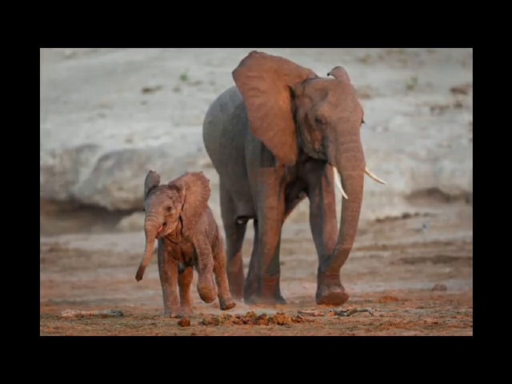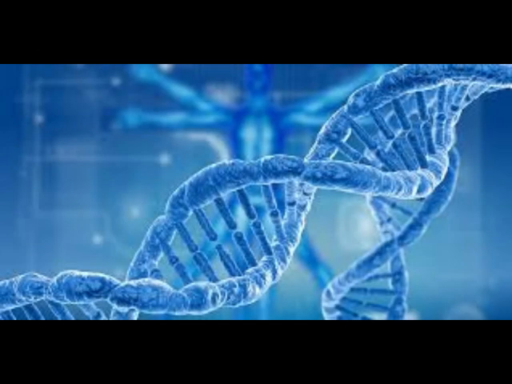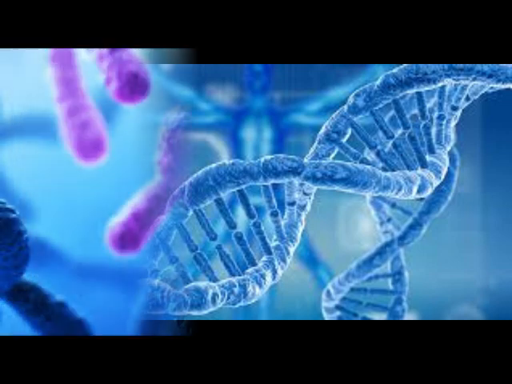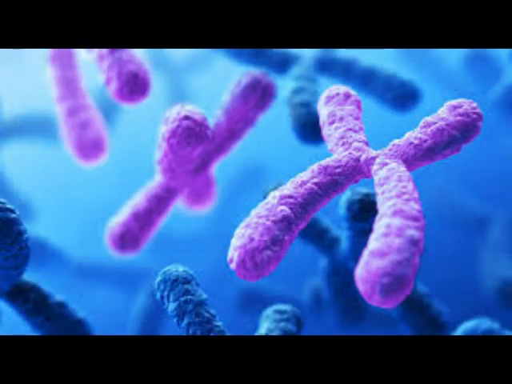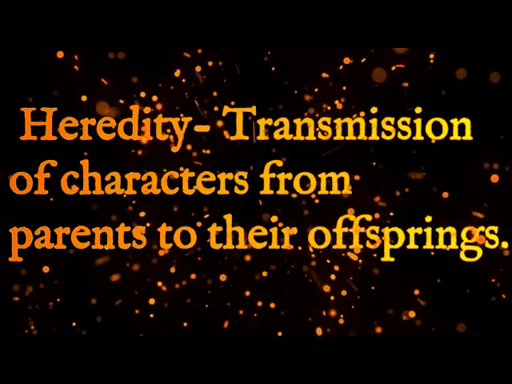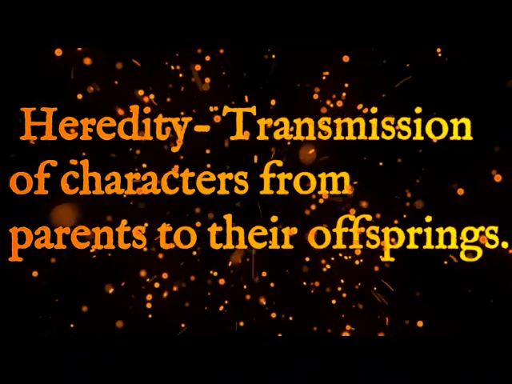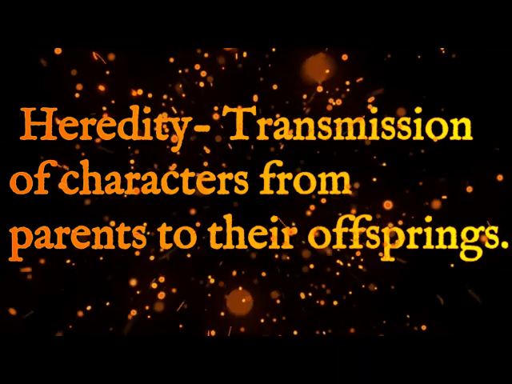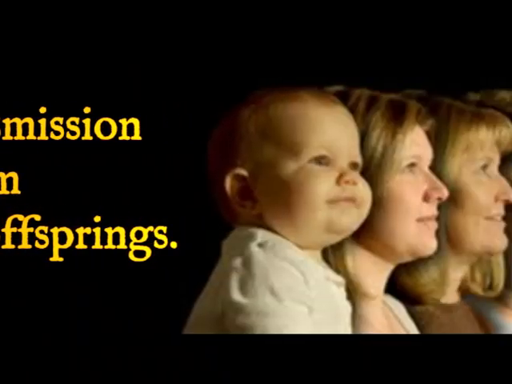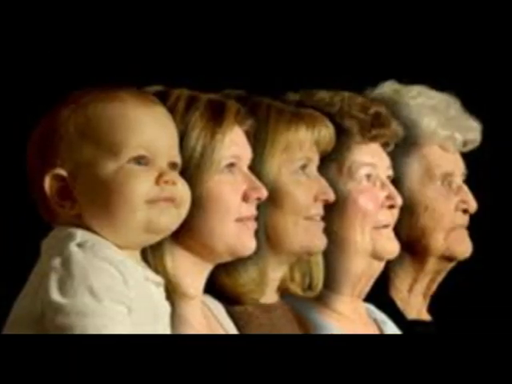So some of the genes are responsible for carrying similar characteristics from one generation to another. So what is heredity? Heredity is the transmission of characters from one parent to the offspring, that is, from one generation to the next generation. It is called heredity.